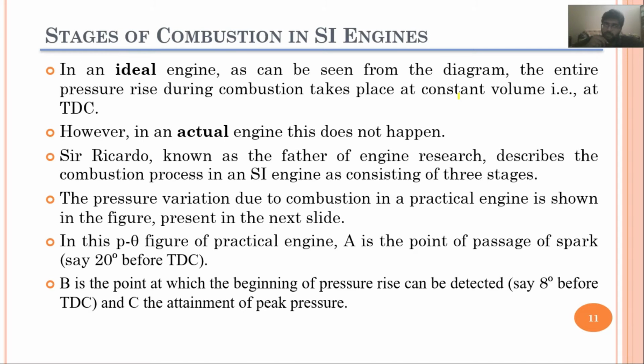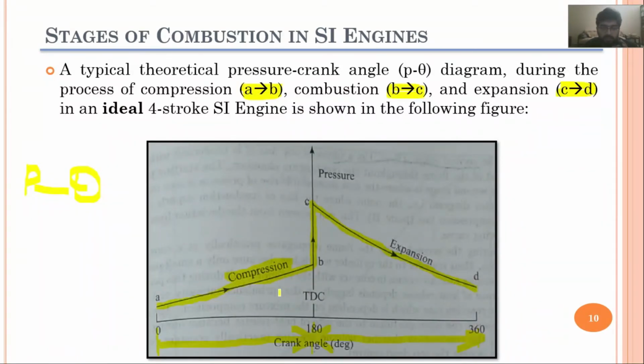So we can just say that the increment in the pressure has increased mostly due to combustion, because the pressure increment due to compression is not that dominant if we compare it with the pressure increment due to combustion. However, in an actual engine this does not happen, as it was shown in the diagram, that here you can see the pressure increment is still occurring in the compression, but it is not that dominant.